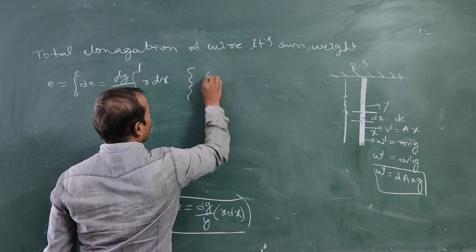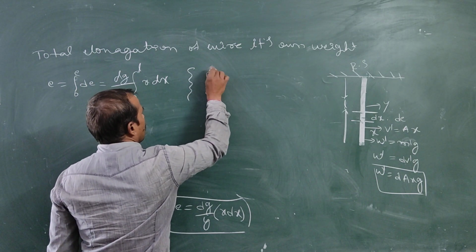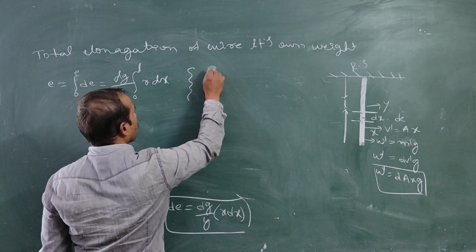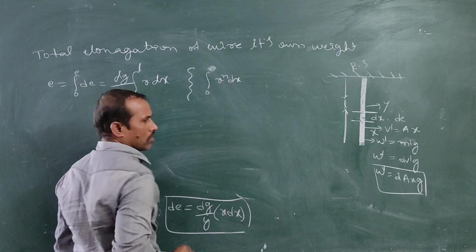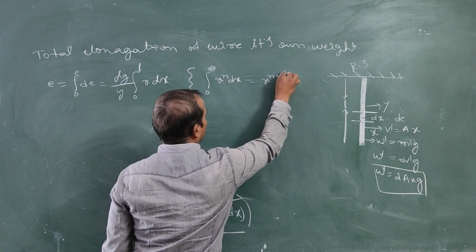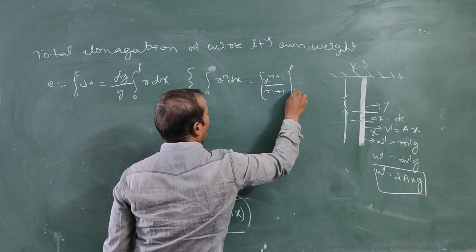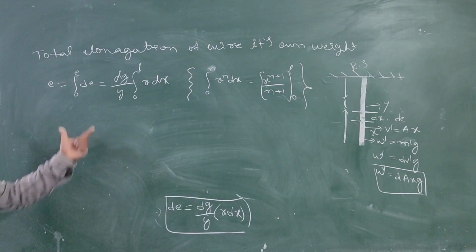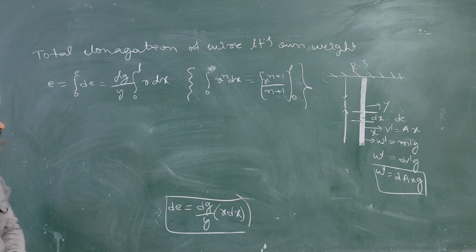We are integrating from 0 to L. The formula for the integral from 0 to L of x to the power n dx is x to the n plus 1 by n plus 1, with upper limit L and lower limit 0. Substituting that here, the total elongation in the wire is d g by Y into x square by 2, upper limit L, lower limit 0.